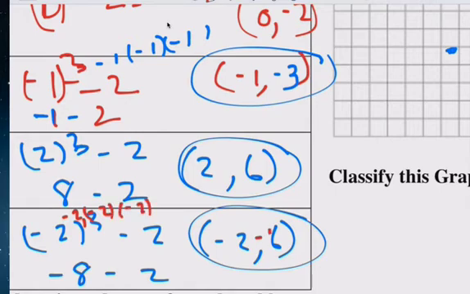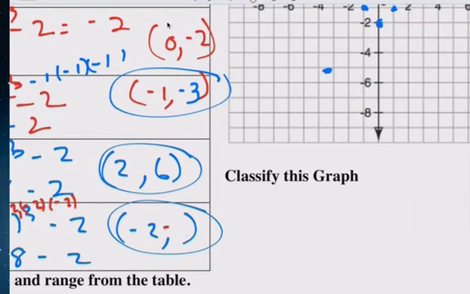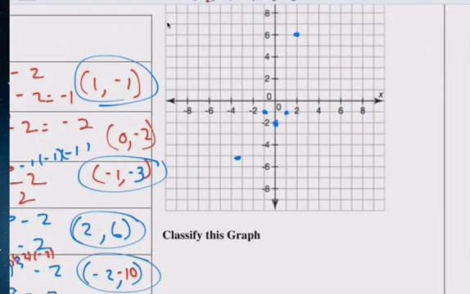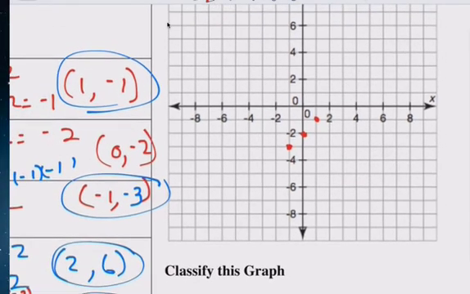That gives you a negative 10. I apologize greatly. Just doing it without thinking. So my graph is not correct. Okay, the points are 1, negative 1; 0, negative 2; negative 1, negative 3; 2, 6; and negative 2, negative 10.